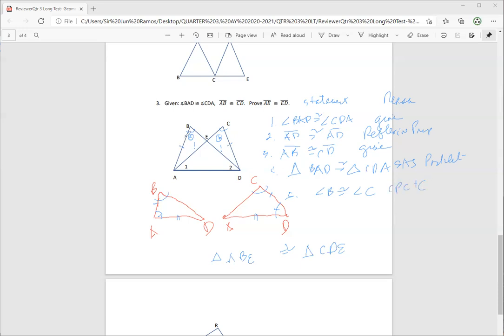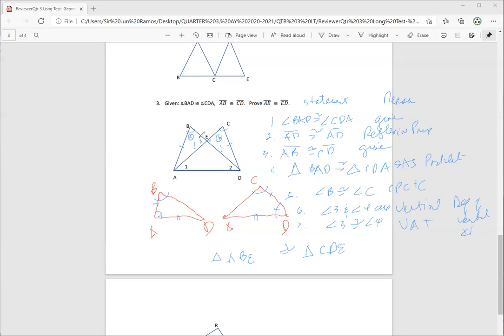Now I have assigned an angle. And I can see that I have another angle here that can be congruent. Let's say angle 3 here and angle 4. What are they? Number 6, angle 3 and angle 4 are vertical. Okay? Definition of vertical angles. And then if they are vertical, then they must be congruent. Okay? This is the vertical angle theorem.